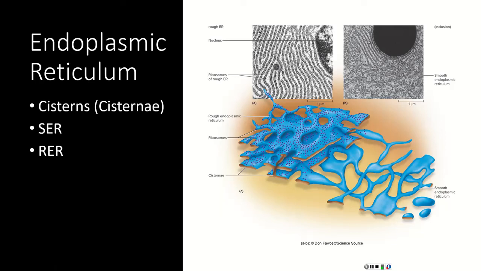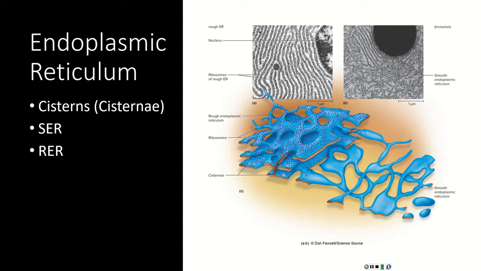Also, the smooth endoplasmic reticulum plays a major role in detoxification. So toxins, or actually even other substances within our body that need to be broken down, the smooth endoplasmic reticulum does a lot of that. If we take recreational drugs, if we take actual prescribed pharmaceuticals, if we drink alcohol, those are 3 big ones that the smooth endoplasmic reticulum actually metabolizes, breaks down into less harmful substances.